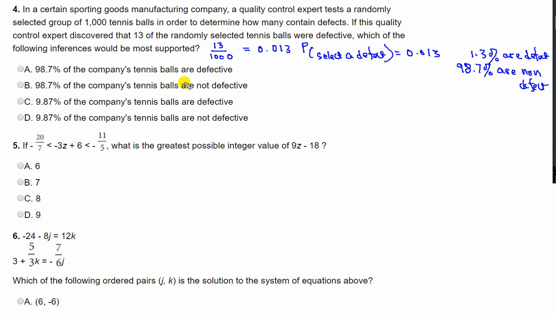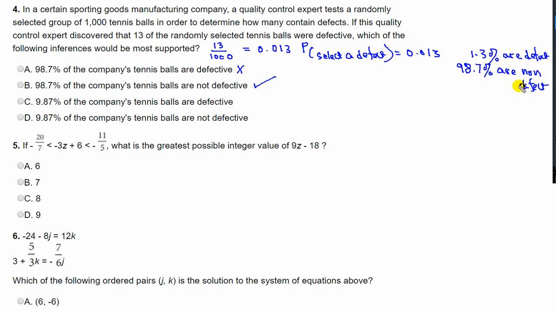Now let's see which of the following inferences will be most supported. 98.7% of components are defective, so this is definitely wrong. It's actually the reverse. 98.7% of components are not defective. This is correct.